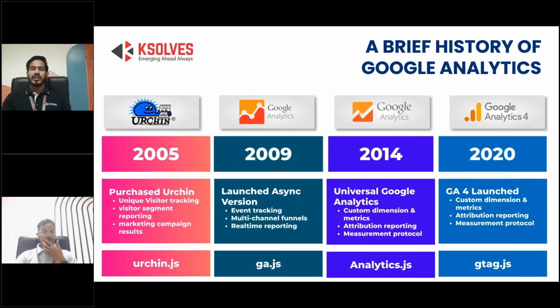Then the latest one is Google Analytics 4, launched in 2020, which gave us event tracking and event metrics, and it also tracks the data of each device differently and gives us unified data in a single source.